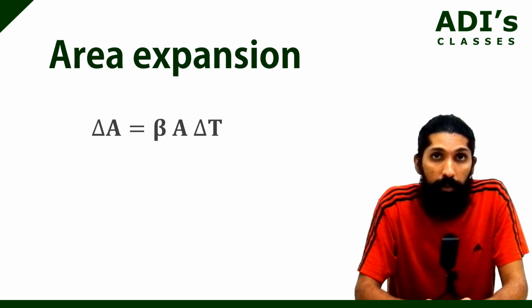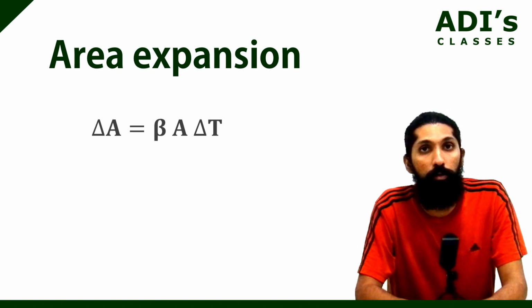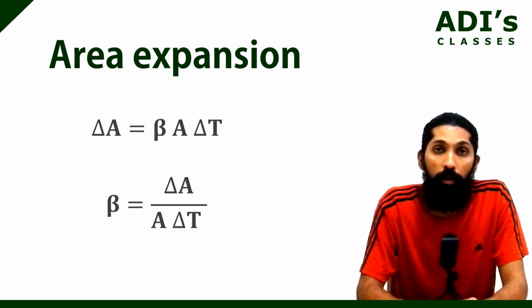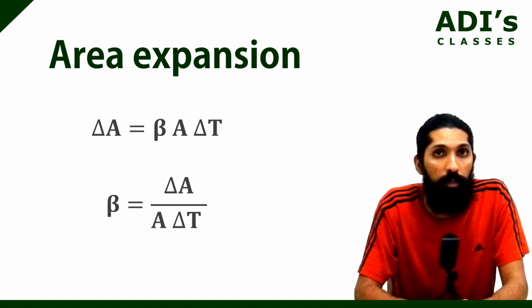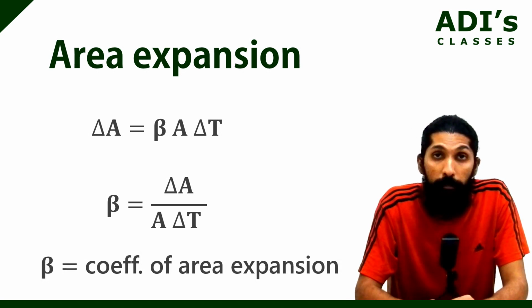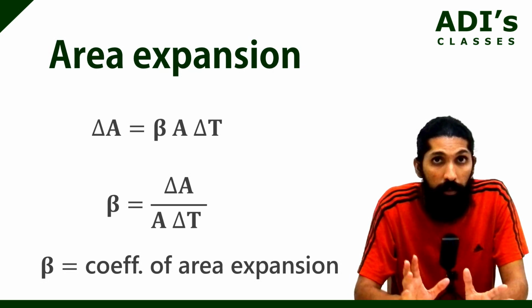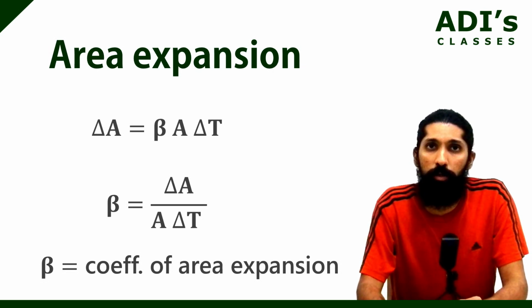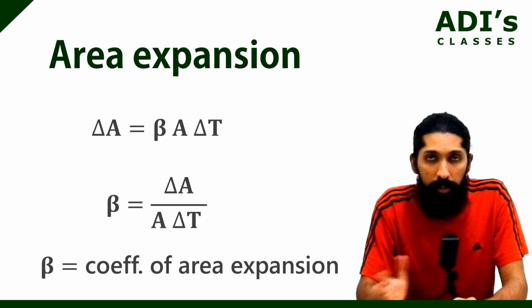We call this as beta. So, delta A is equal to beta A into delta T. So, what is beta? Beta is equal to delta A by A into delta T. That means the area coefficient of expansion, or you can also call it as coefficient of area expansion.